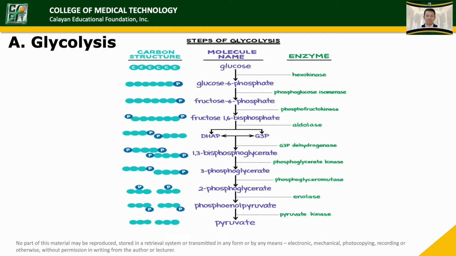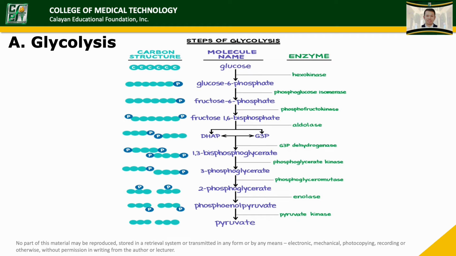The phosphate group came from adenosine triphosphate. The phosphate group then attaches itself to the sixth carbon of glucose. So that's why the term is glucose 6 phosphate.